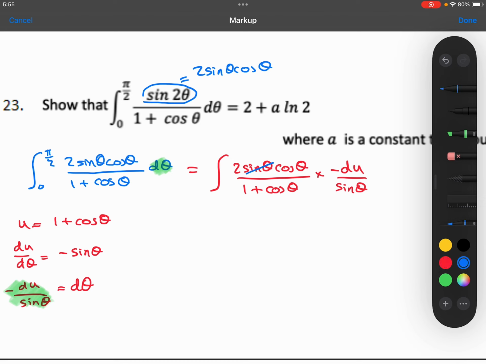And now we can see the sine theta here and the sine theta here, they're going to cancel out. Then we just need to deal with this denominator in the u world. We know is just u because of here. And then this cos theta here, well, I know that's going to be the same as just u minus 1.